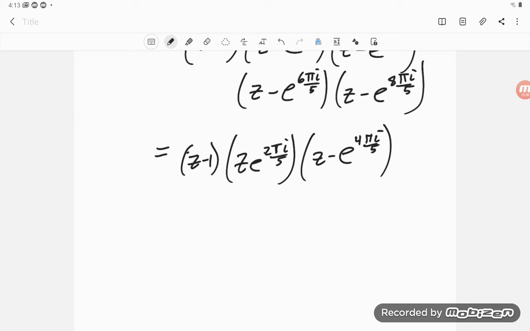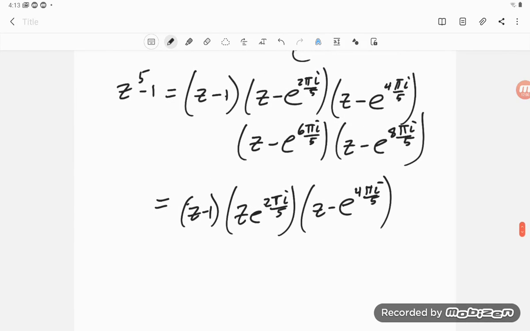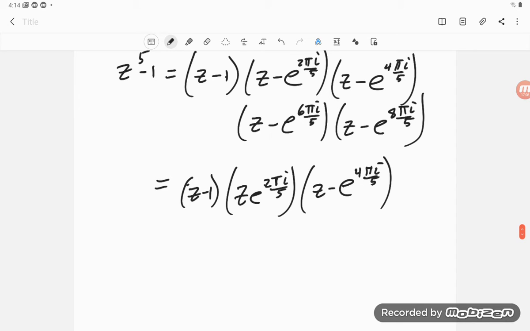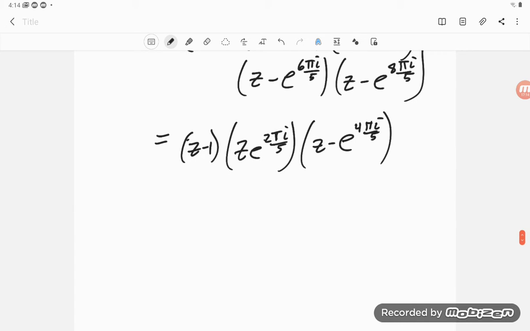Let's see, 6πi. What the heck is that? Well, so, 6πi over 5, that is.